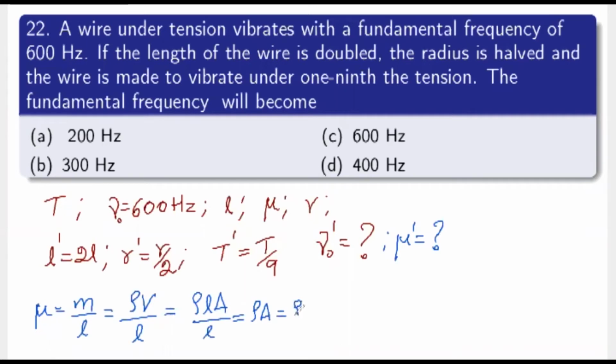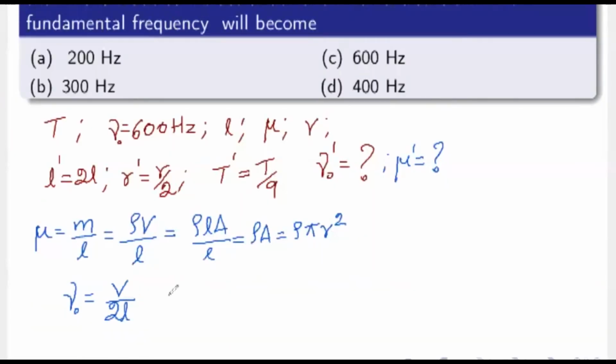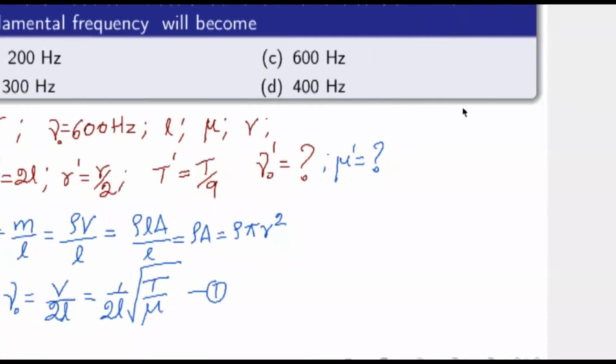This will be rho times pi R squared. This is the initial linear mass density. Therefore, I can write the expression for frequency. In the first case, nu naught equals V by 2L, or you can write this as 1 over 2L into square root of T by mu. Clear? Call this equation 1.